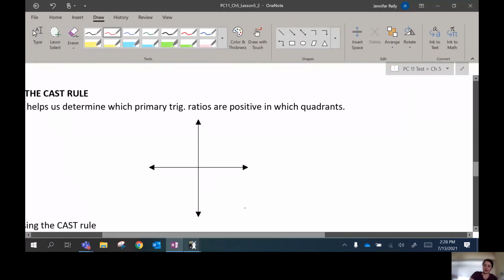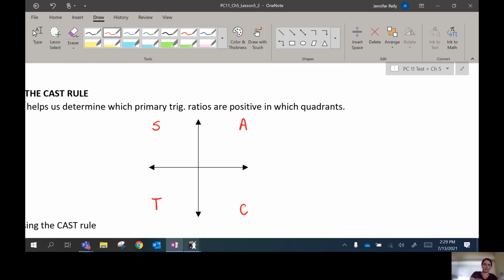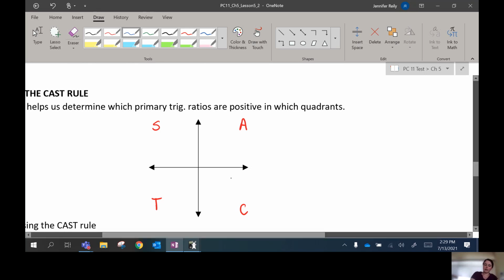The reason it's called the CAST rule is because we're using the letters C, A, S, T in that order, starting in quadrant 4. And the letter tells you which trig ratios are positive in that quadrant. So if we're in quadrant 4, for example, C, the cosine is positive in this quadrant.